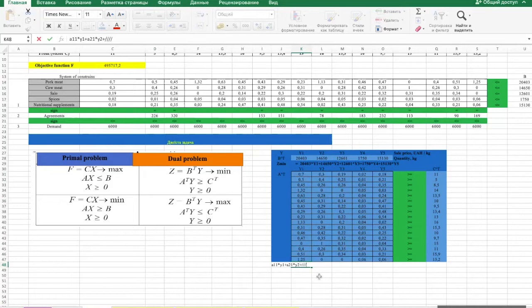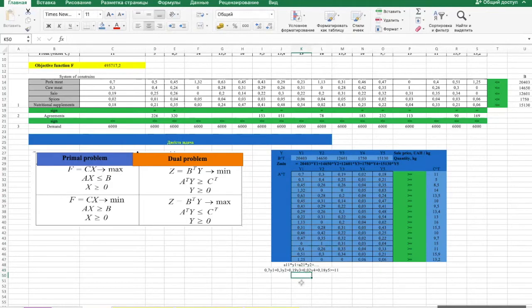Yes. So how can we define it for our first inequality? 0.7 by y1 plus 0.31 by y2 plus 0.19 by y3 plus 0.02 by y4 and plus 0.19 by y5, which is more or equal 11.